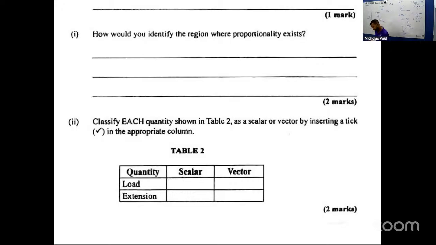Straight line means as this gets bigger, this gets bigger. If it curves, then it won't behave that way. So how would you identify the region? You look at the straight line part of the graph.